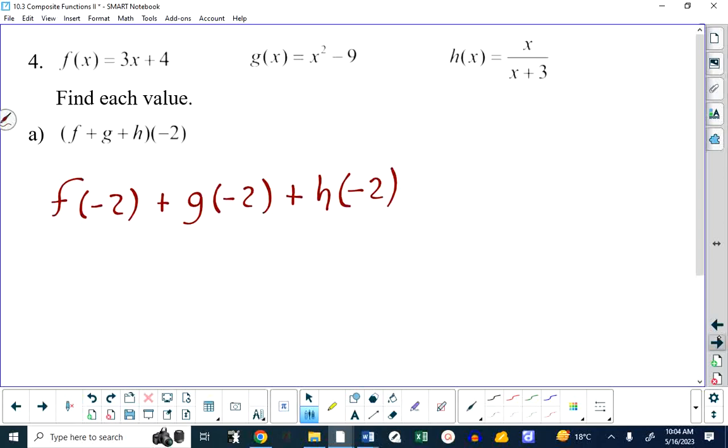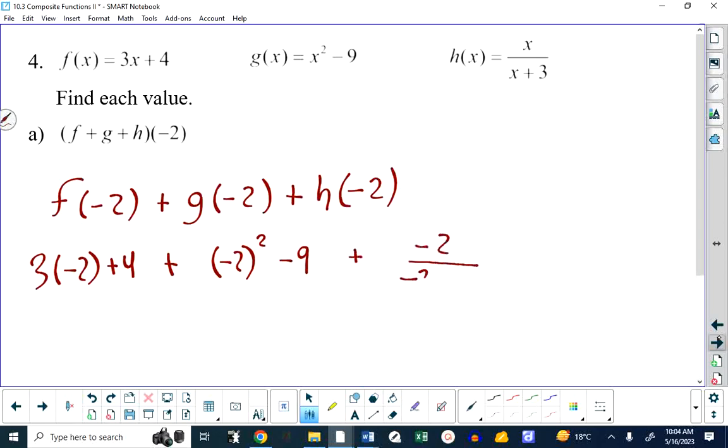However, well, you know what, I'll show it. 3 times negative 2 plus 4. Okay? That's f of negative 2. G of negative 2 is negative 2 squared minus 9. H of negative 2 is negative 2 over negative 2 plus 3.